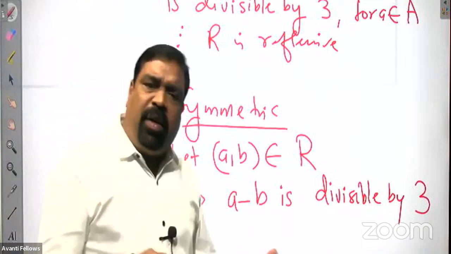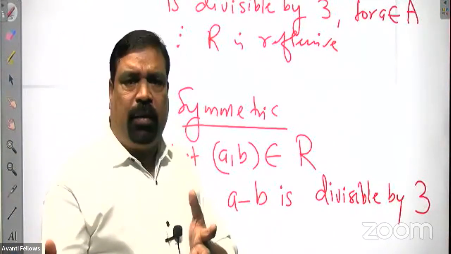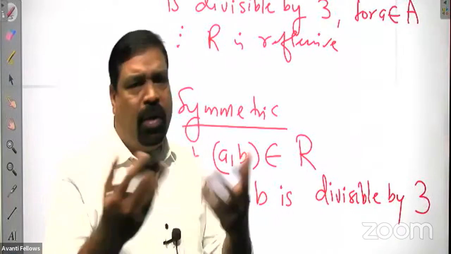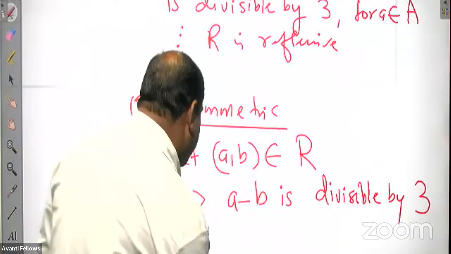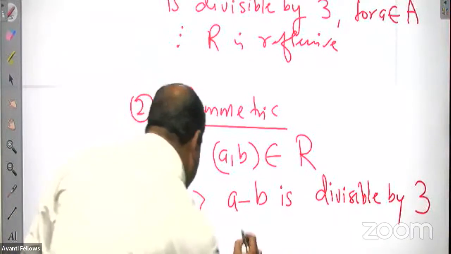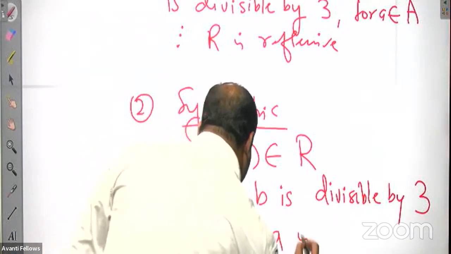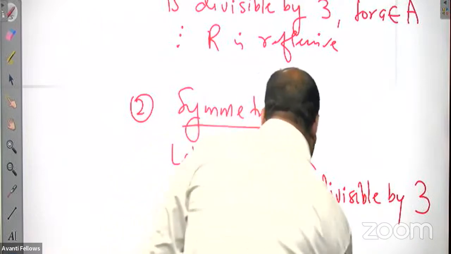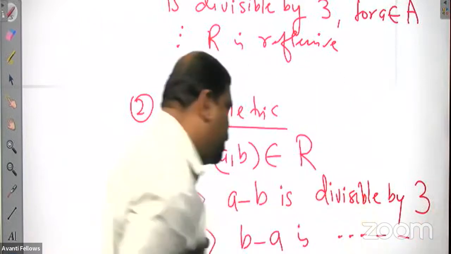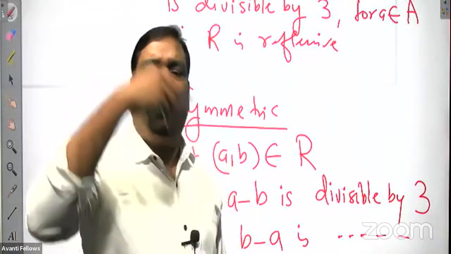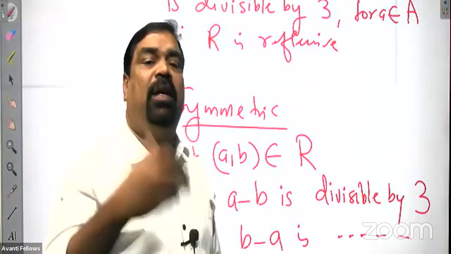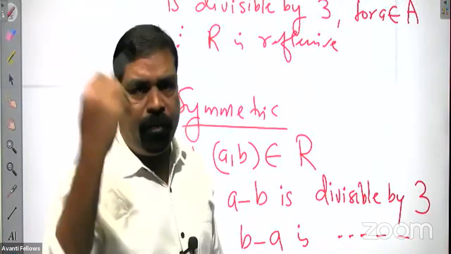And we know that whenever A minus B is divisible by 3, B minus A is also divisible by 3. That's a very simple fact actually. B minus A is the negative of A minus B, so that is also divisible by 3. So whenever A minus B is divisible by 3, it is always true that B minus A is also divisible by 3.